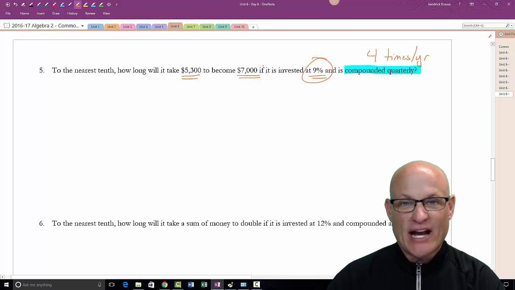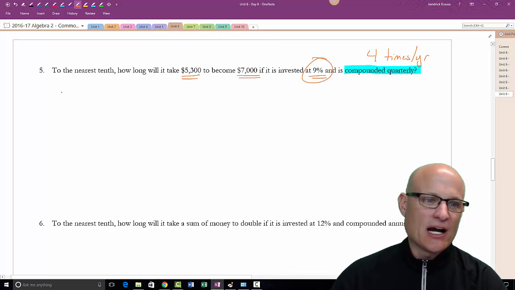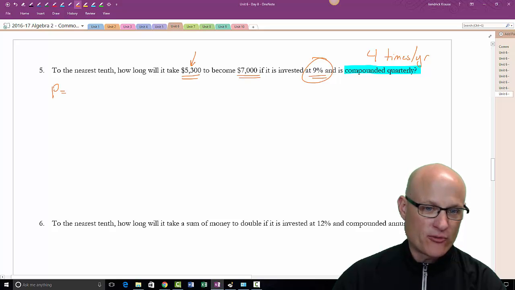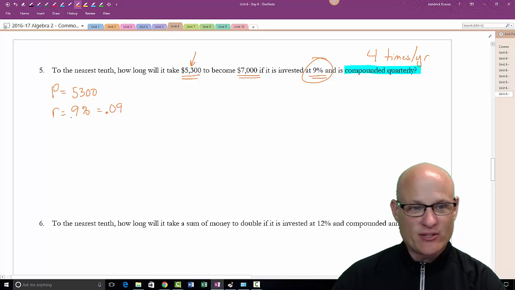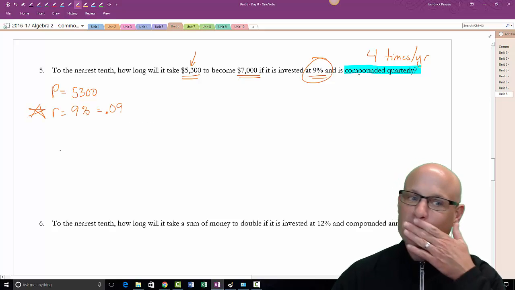Again, 9% is ginormous. Our principal amount, our initial amount, if we're trying to make money, has to be the smaller number, 5,300. Our rate is 9%. Again, I'm going to rewrite that as 0.09 so I don't make any dumb mistakes, because that's where most of the mistakes are made.